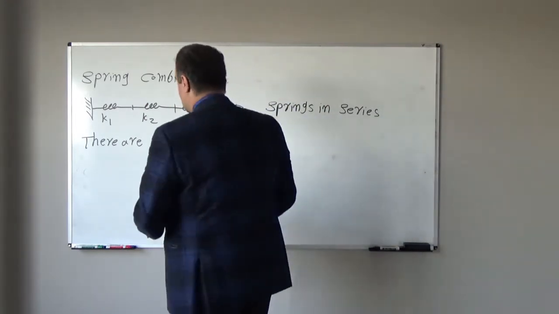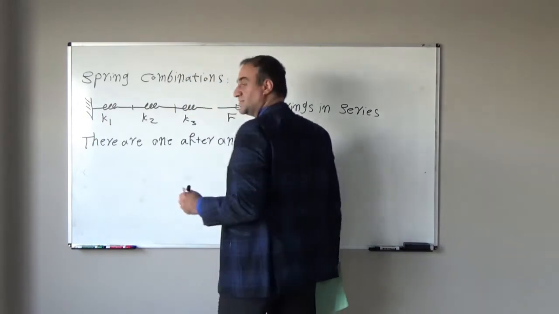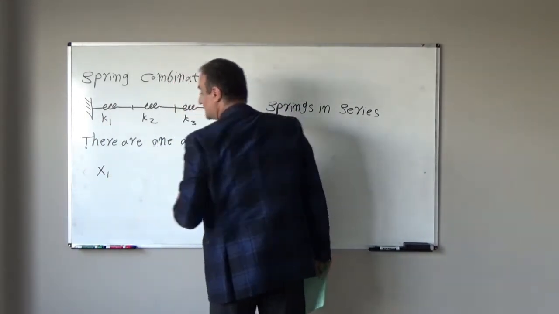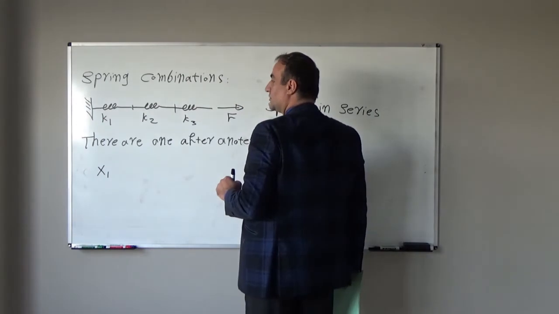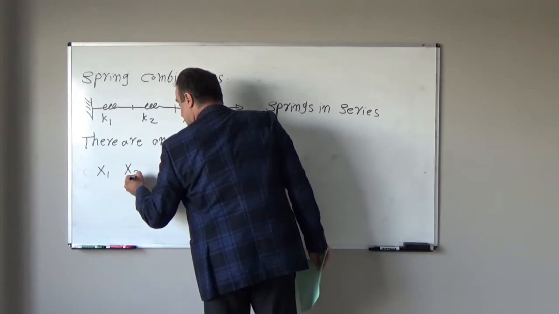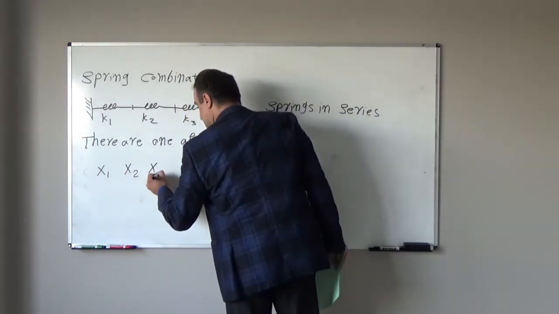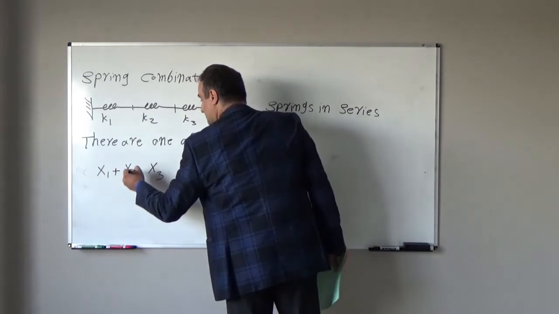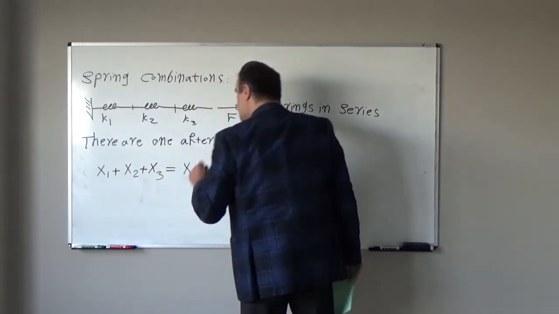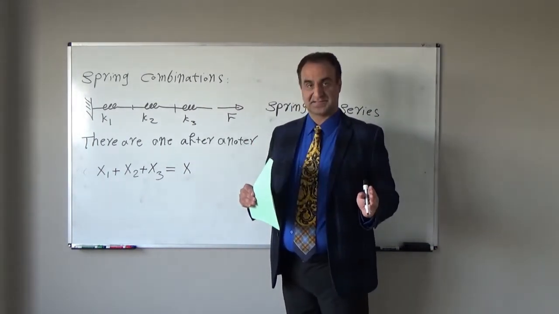So, if deformation for spring 1, I show with x1, deformation for spring 2, I show with x2, and deformation for spring 3, I show with x3. Summation of x1 plus x2 plus x3 will be equal to the total deformation x.